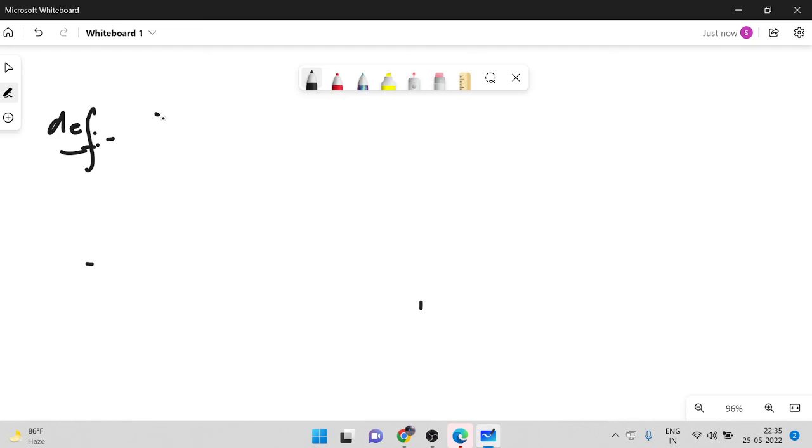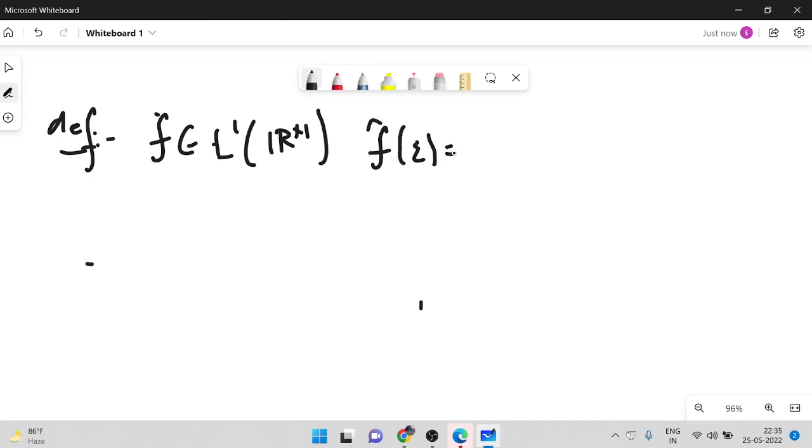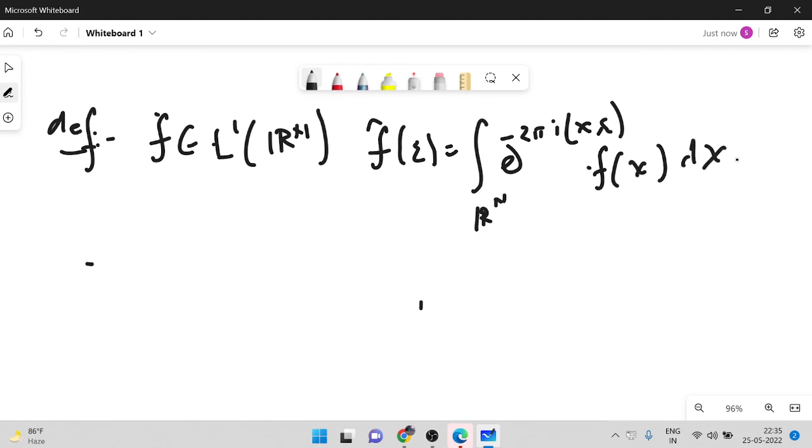So let f be Lebesgue integrable, and the Fourier transform f hat of epsilon is defined by the integral over the entire domain of e power minus 2 pi I x comma epsilon, this is the inner product, times f of x dx.